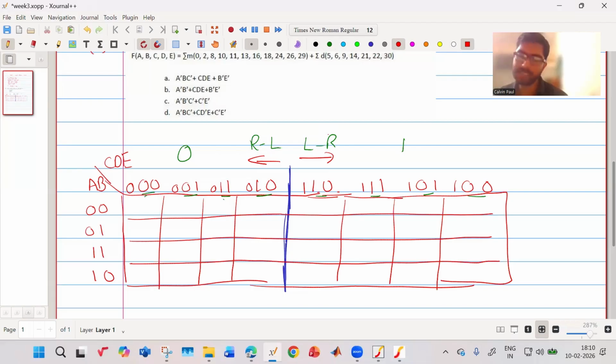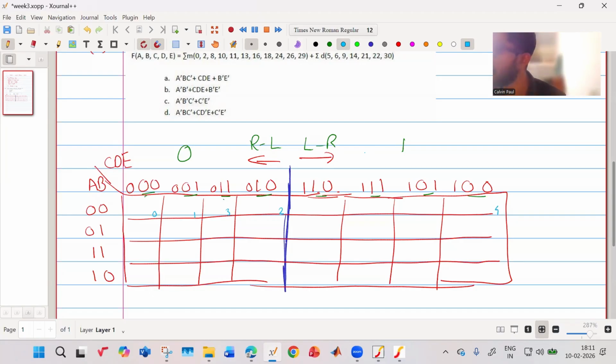I was practicing and found it difficult to remember how to properly orient it, so I thought that even though it may take a little more time, it reduces the probability of making a mistake. So let us number this: this is 0, this is 1, then this is 2, this is 3. Usually we start 4 here, but 4 will not start here; 4 will start from here.